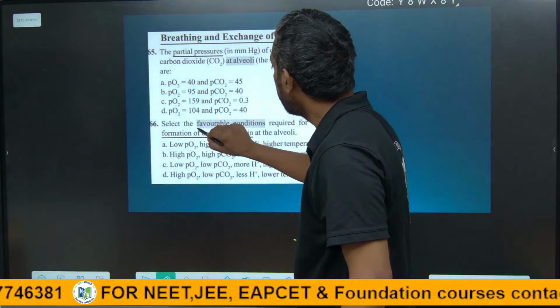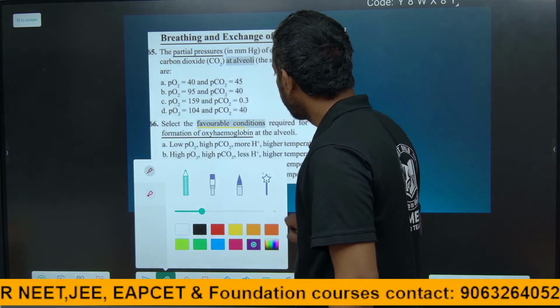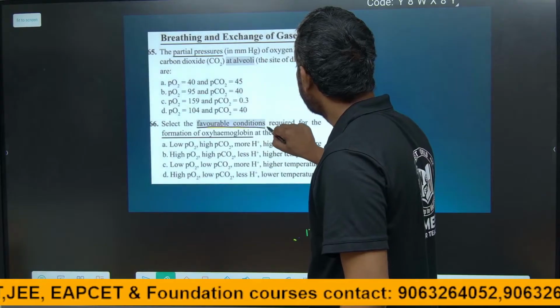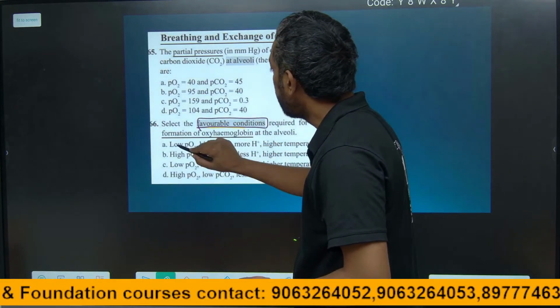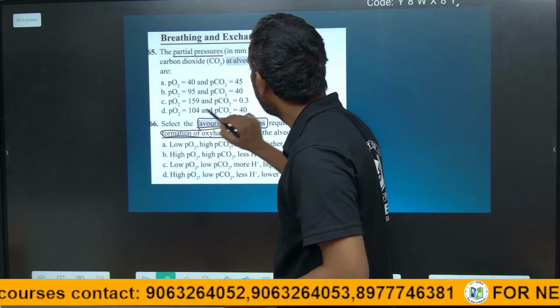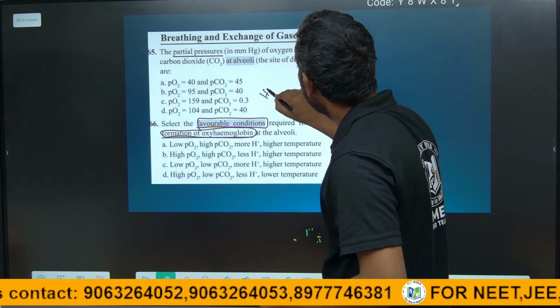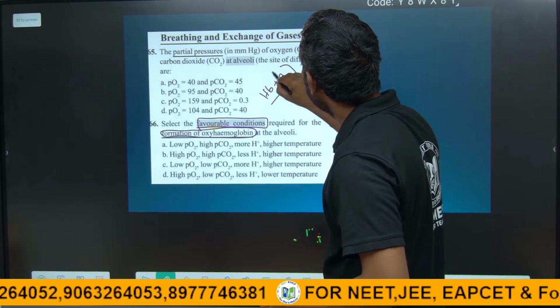Select the favorable conditions required for the formation of oxyhemoglobin. Hemoglobin plus oxygen gives oxyhemoglobin.